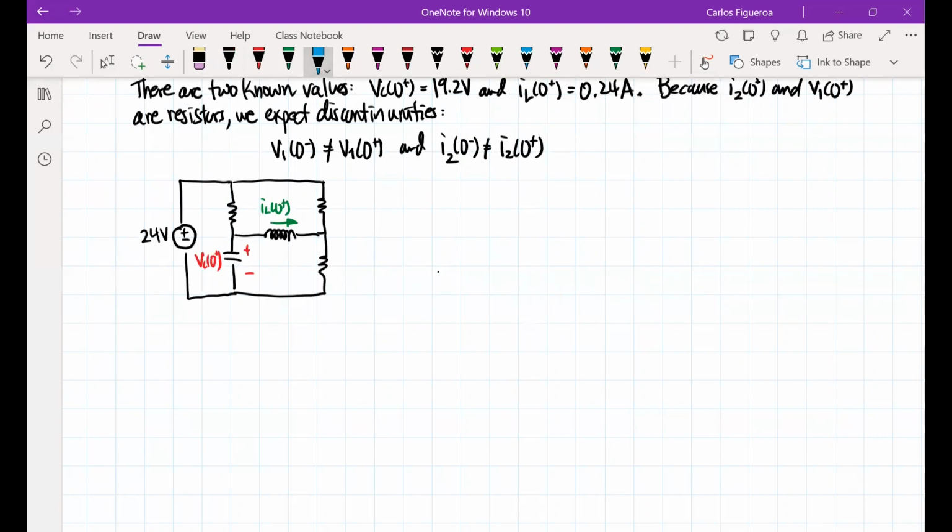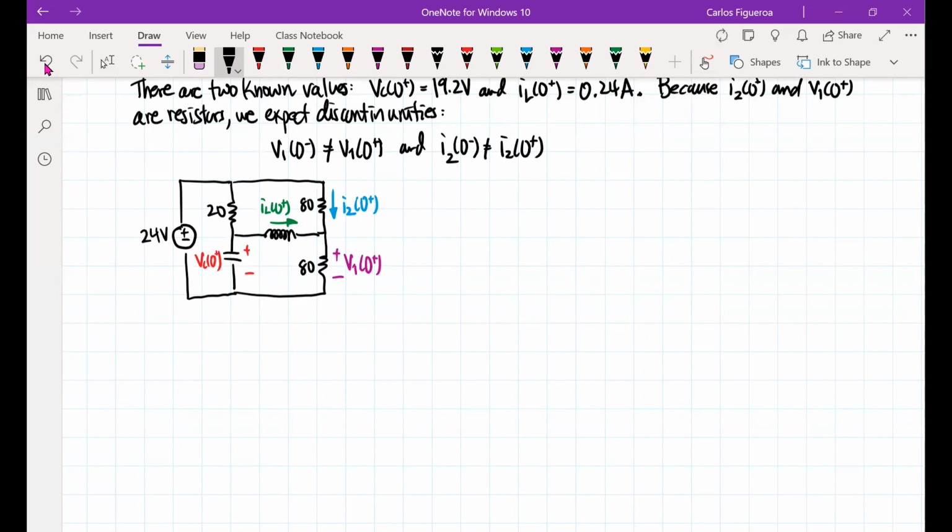What we're looking for is this current, which we called I2 at 0 plus, and I want this voltage V1 at 0 plus. Of course, this is 80, this is 80, 80, and 20.